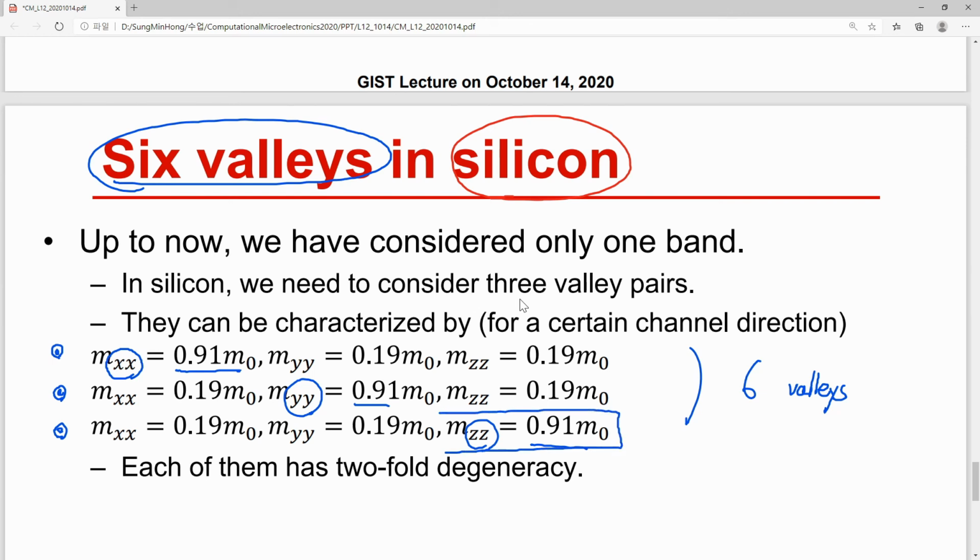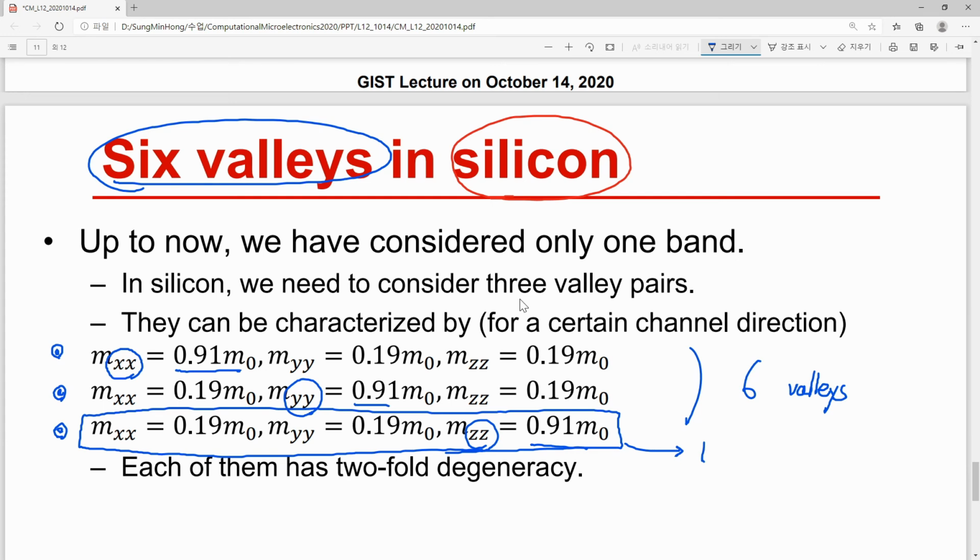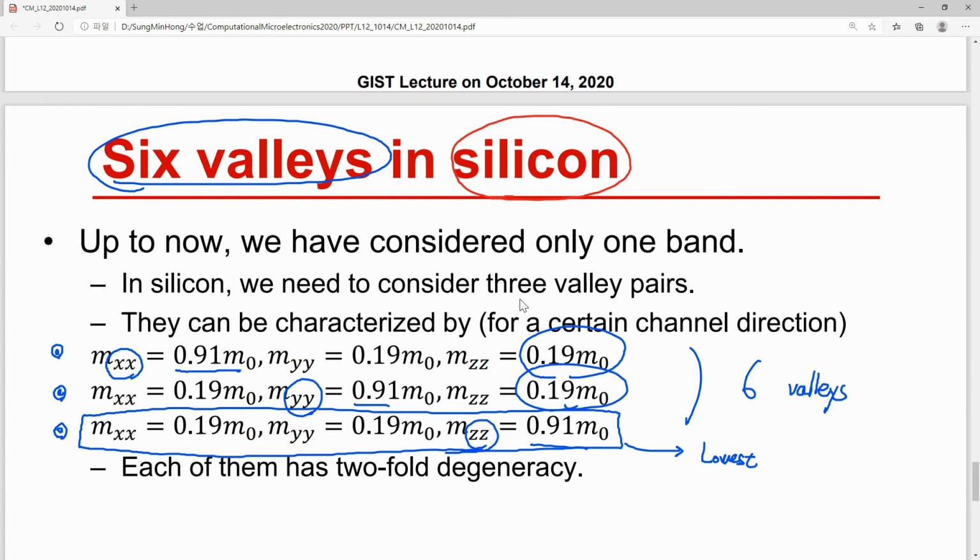The valley whose z-directional effective mass is heavy will give the lowest energy. The other ones, corresponding to light mass, will give higher energies, and their contribution to the total electron density will be relatively small.